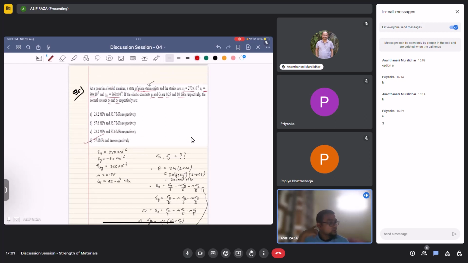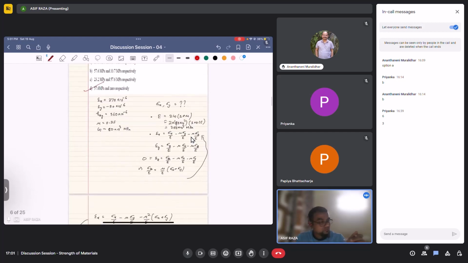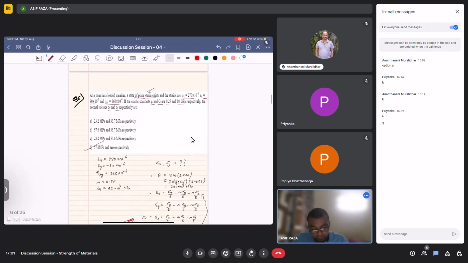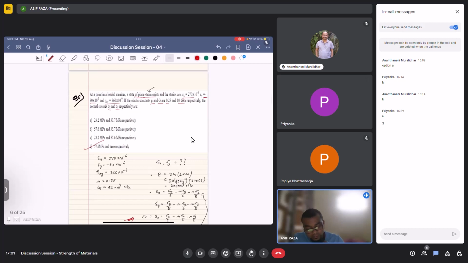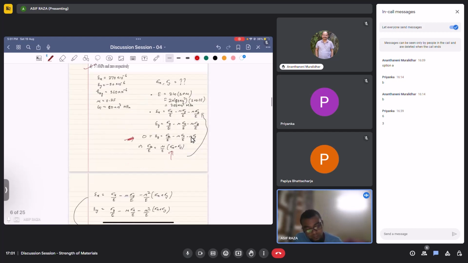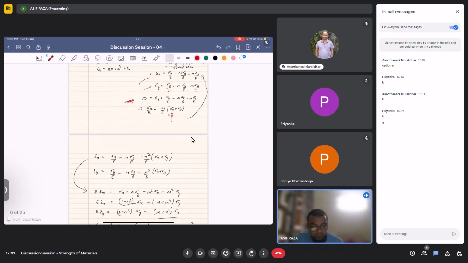Priyanka, I think you must have seen where you were a bit wrong in this case. This is a plane strain case, so sigma z would be there, but we would resolve those components into sigma x and sigma y, substitute in the equations, and then solve it.